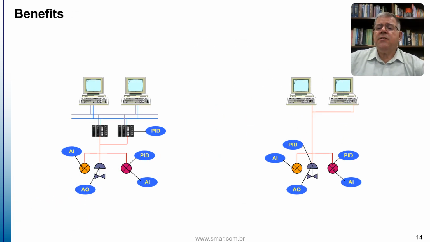A major benefit of the Foundation Fieldbus network is that the control strategy can be applied in multiple ways while maintaining flexibility. Thus, in one control, we can implement the PID in the CPU and divide it among the field devices.